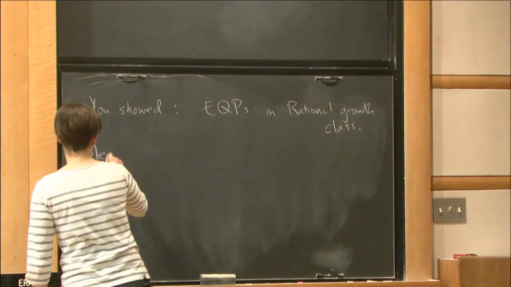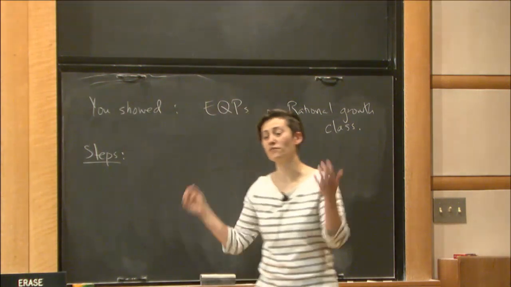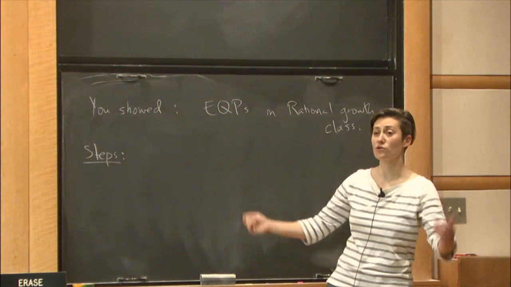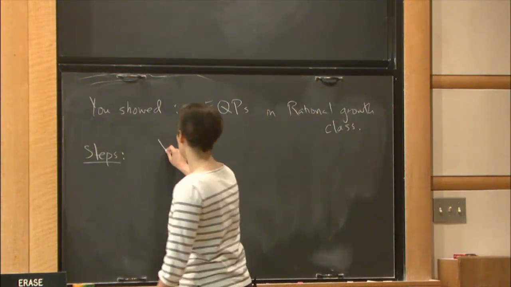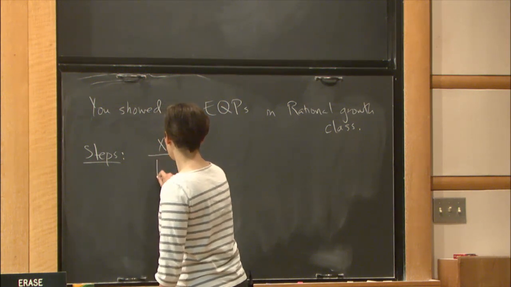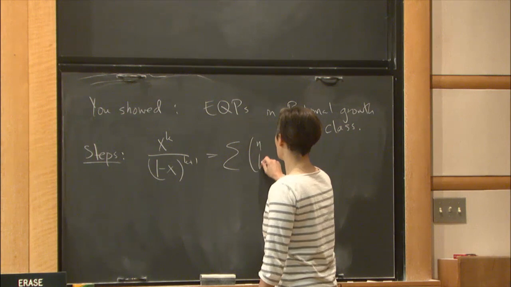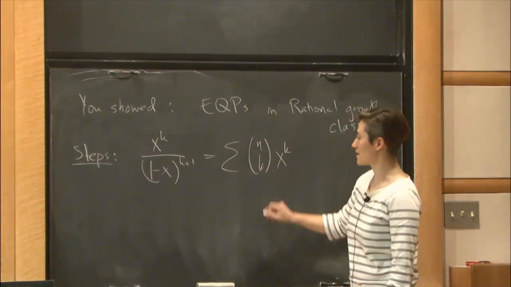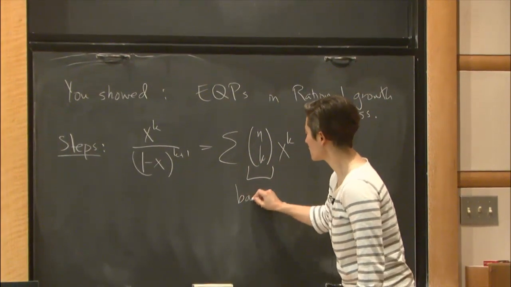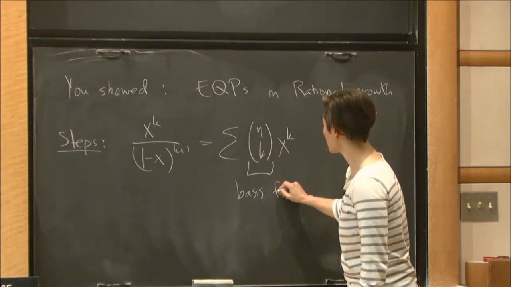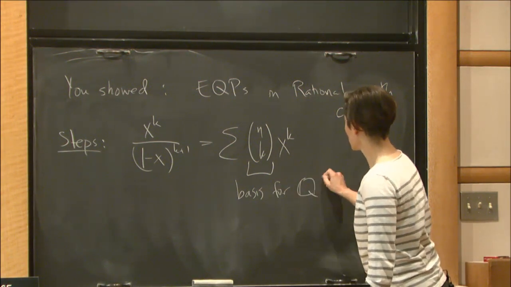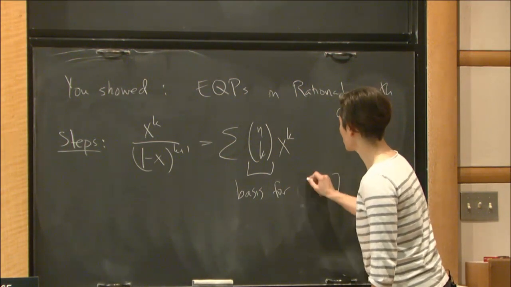There's lots of ways to do this. It's a kind of fundamental fact. But some steps that you can use are you can show that x^k over (1 minus x)^(k+1) is the sum of n choose k, x^n, and that these are a basis for polynomials.